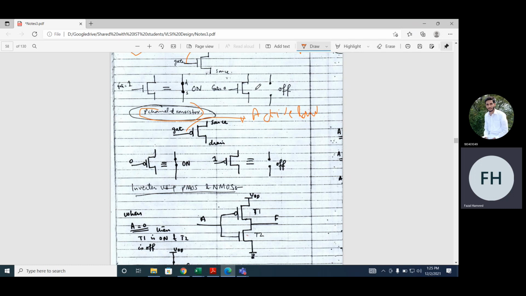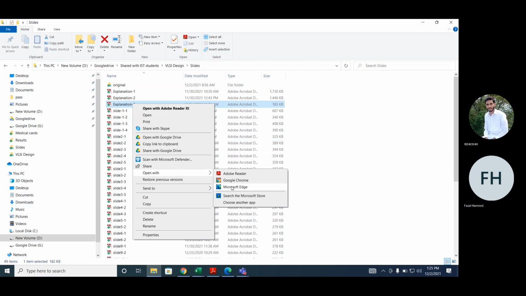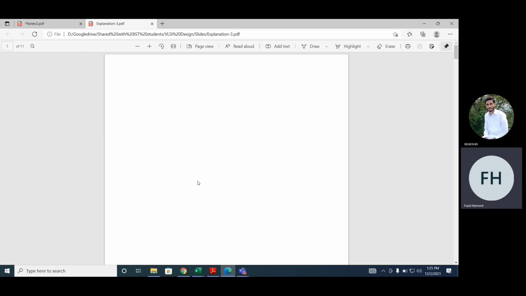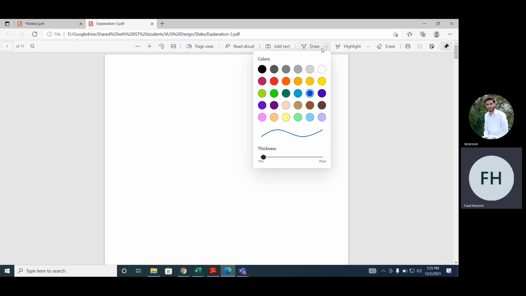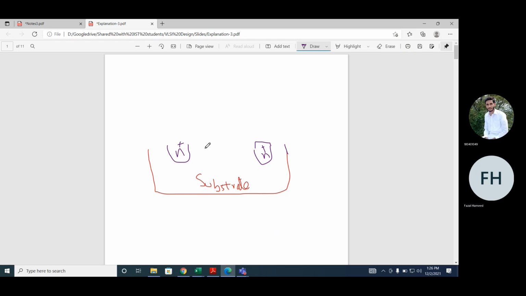If you look at any kind of transistor, the transistor looks like this. There is a substrate here, and on the top of this substrate, there is an N plus and an N plus.